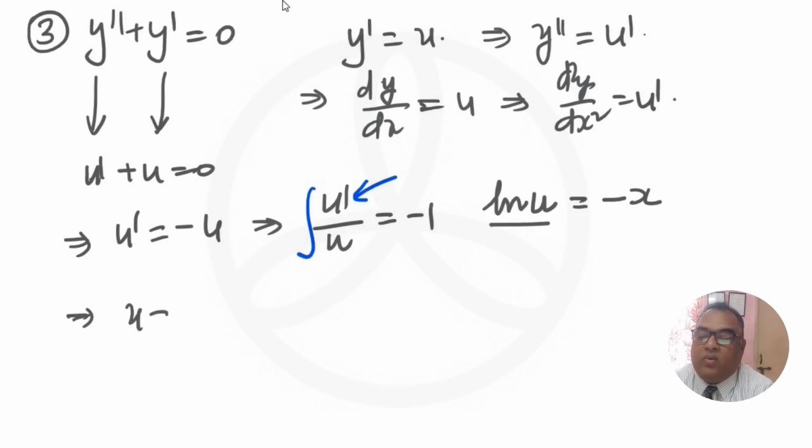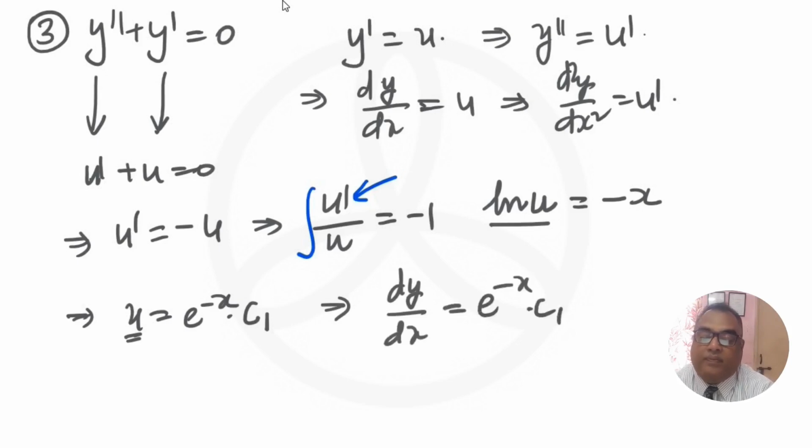This will give us u is equal to e to the power minus x, multiplied with the constant c1, and here we have u is equal to y prime, which is nothing but dy/dx, and we will have c1. This is a simple variable separable question, so we will separate the variables, with c1, and apply integration on both sides.